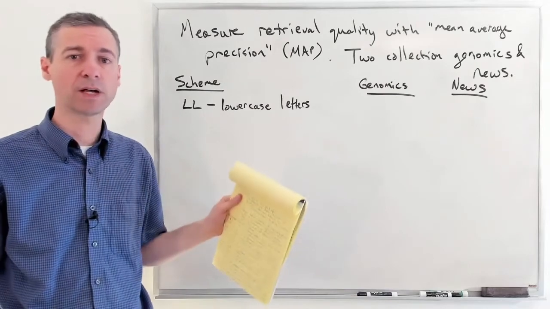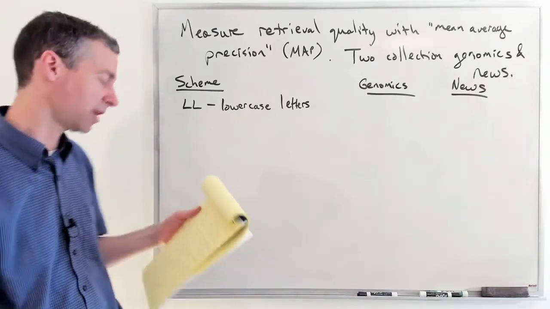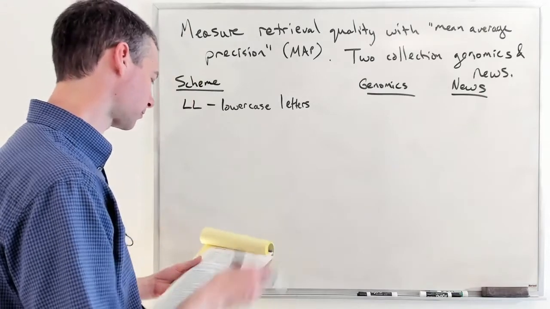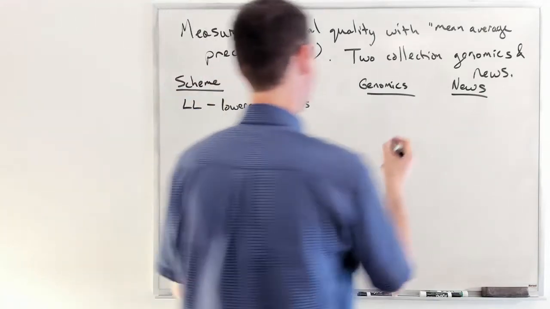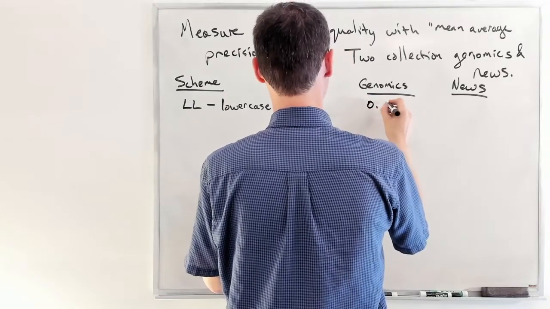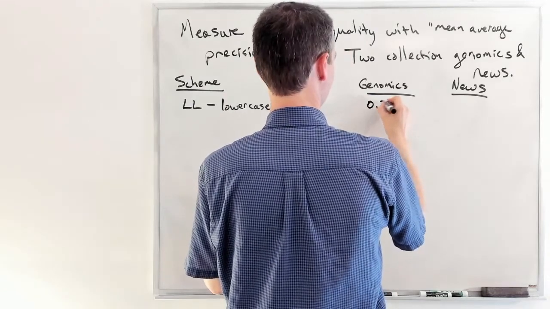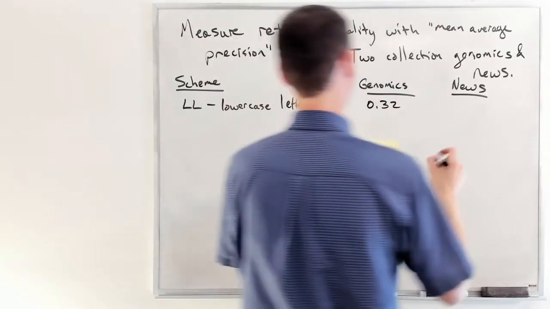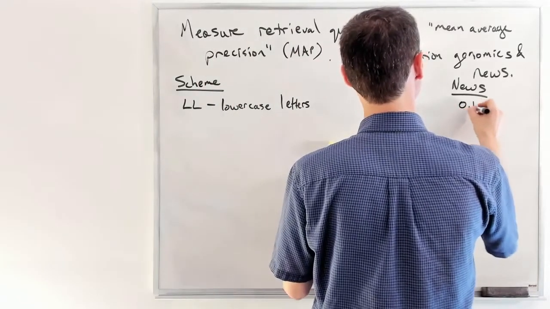Anything else is not part of the token, and so we break it up in that fashion. Then they measure this, and for genomics they get a score of 0.3. I'm only going to go to 2 significant digits, and for news, 0.17.